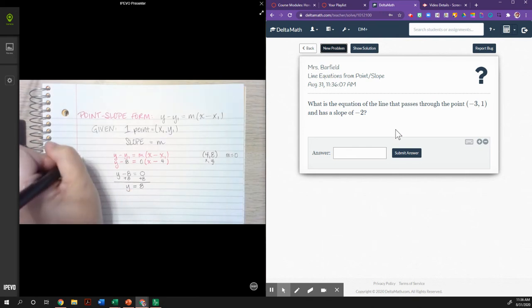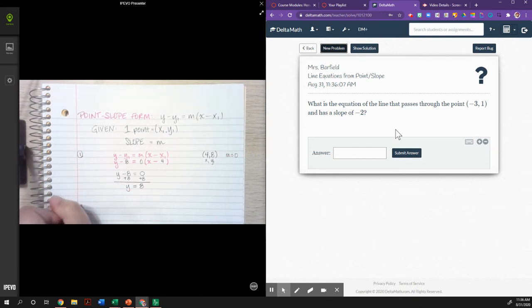So that was number 1. Here's our second one. It says write the equation of a line that passes through the point negative 3, 1 and has a slope of negative 2. So y minus y1 equals m times x minus x1. My point that I've been given is negative 3, 1, and my slope is negative 2.